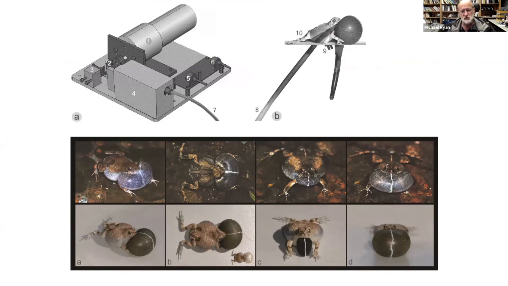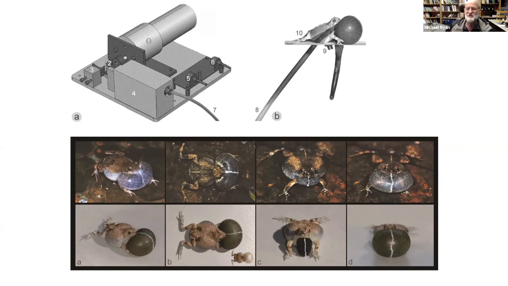It's split, going to a speaker and then going to a compressor. And the vocal sac inflates and deflates coincidentally with the call. So we see here on the top row, these are real frogs, and on the bottom row, these are the robo-frogs.